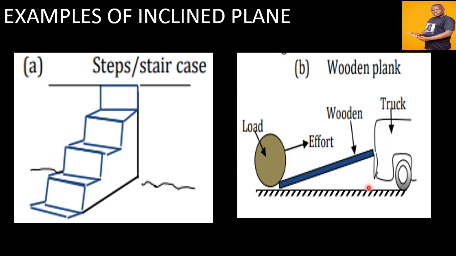It's easier that way than to lift it from the ground level up through a height onto the truck. So two examples of inclined plane: we have staircases or steps, and the wooden planks. These are wooden planks. All right.